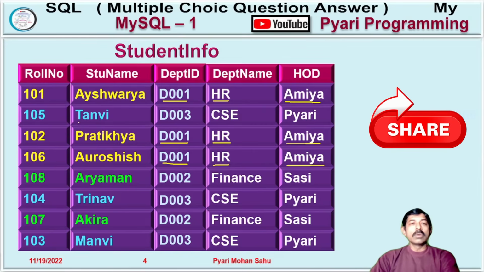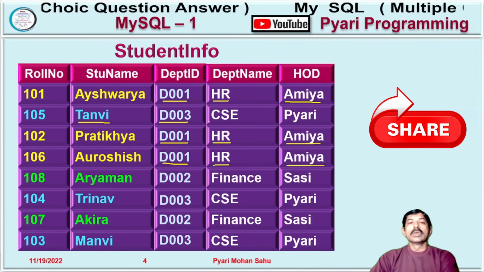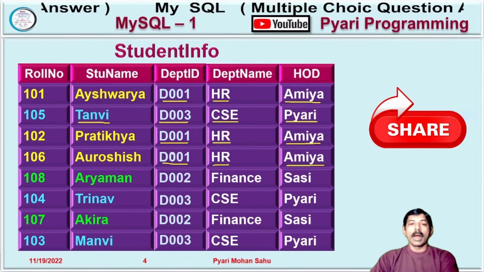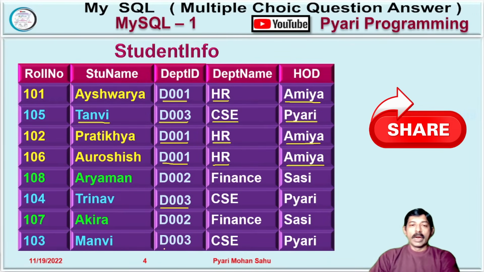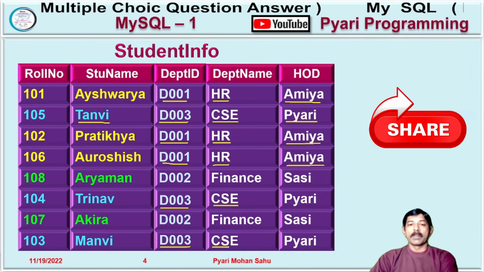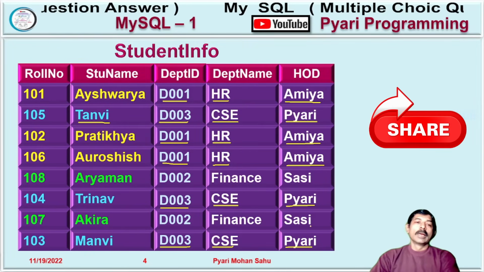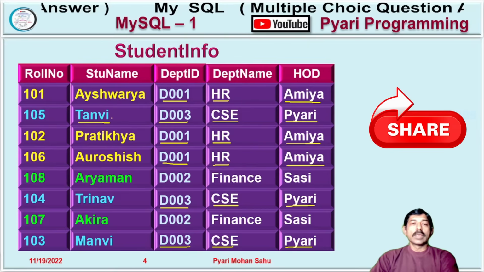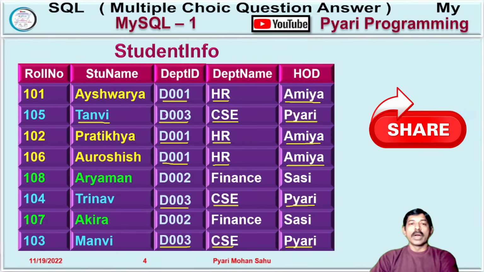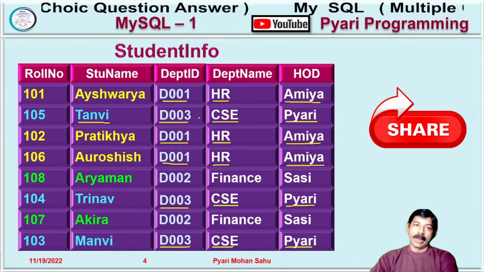Next one is Tanvi. Tanvi belongs to D003, whose department name is CSC, headed by Pyari. That means wherever I have D003, the department name must be CSC and HOD must be Pyari only. Now who are the students? Tanvi, Trinav and Manvi. Look at this, for all the students the department ID, department name and department HOD are the same.